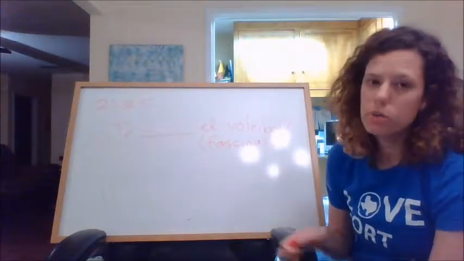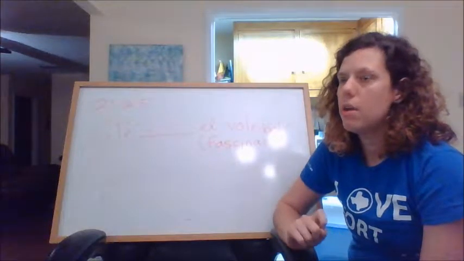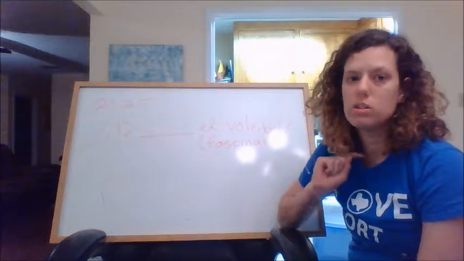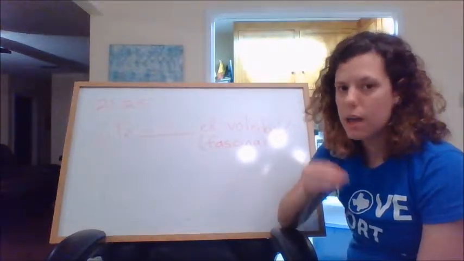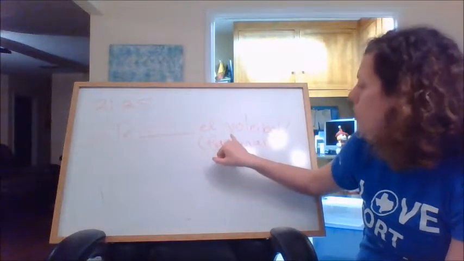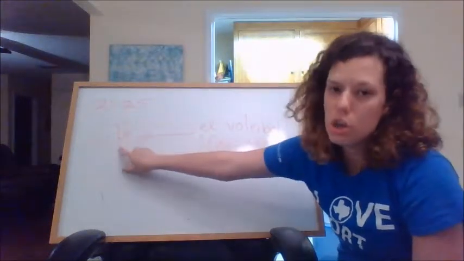Now remember that when you're talking about verbs like gustar, the thing that is being liked, the thing that is doing the fascinating, that is the subject. Okay? So volleyball is the subject of this sentence. So what you're saying is, is volleyball fascinating to you?